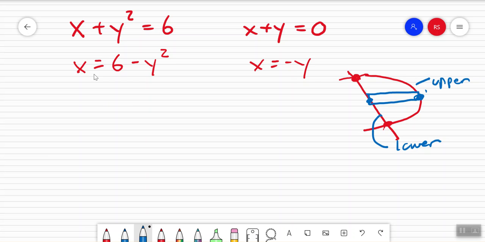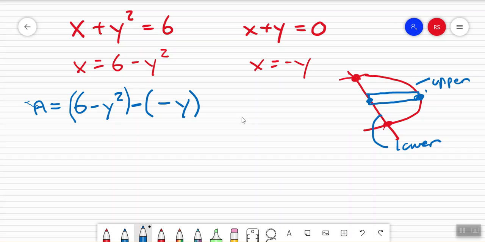So when we set up the integral, we're going to be setting up the integral so that the parabola is on top. 6 minus y squared minus, and let's be careful with the parentheses, minus the other equation, negative y.